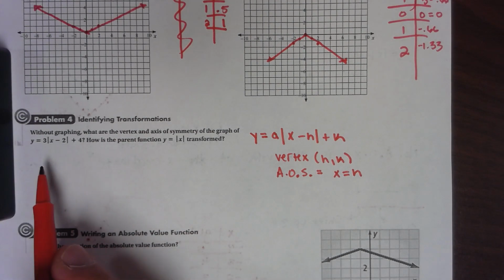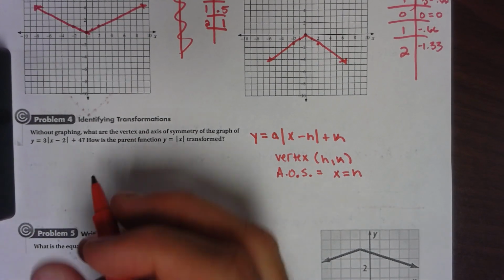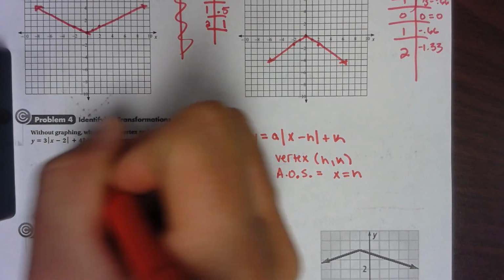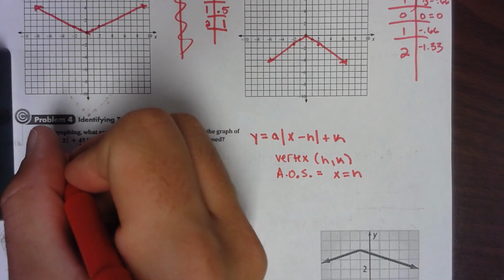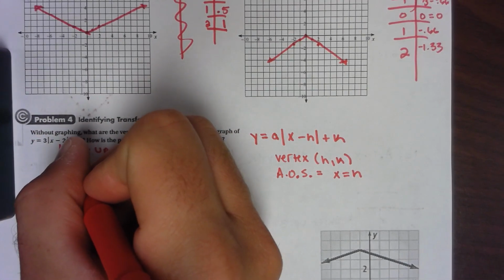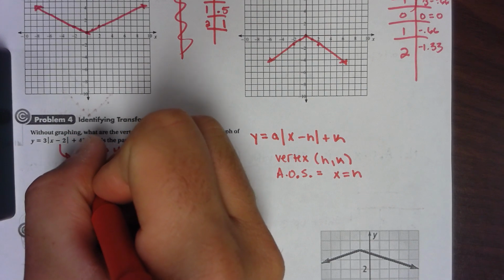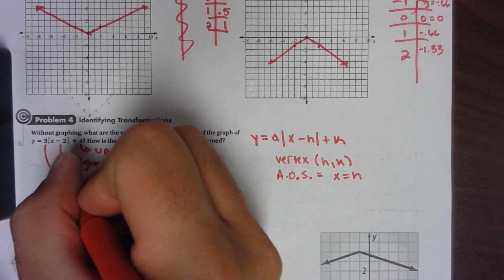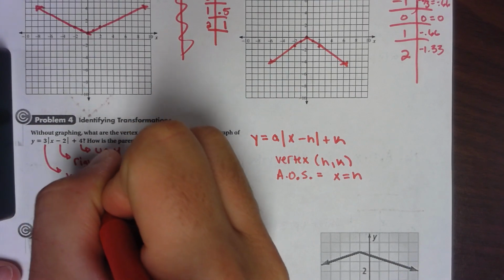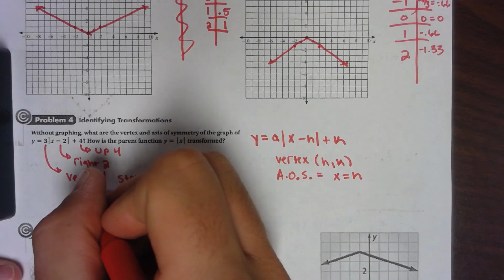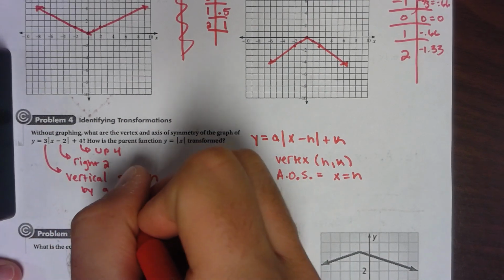All right, so first, looking at our new equation here, let's identify these transformations. This is shifting everything up 4. Then x minus 2, that's inside our function operation, so that's shifting everything the opposite sign from what we see, so right 2. And then this 3 is a vertical stretch by a factor of 3.